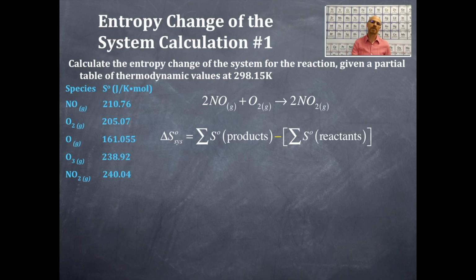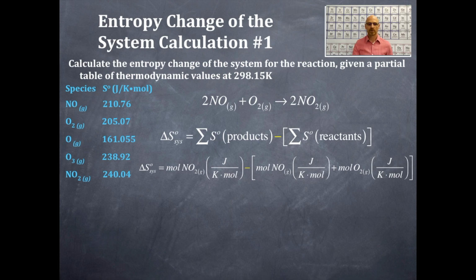We substitute this into the equation: delta S naught for the system is equal to moles of nitrogen dioxide times the units of joules per Kelvin mole. Joules in the numerator, Kelvin moles in the denominator, and we're multiplying by the moles, so we end up with joules per Kelvin. Again, very important, and very different than the kilojoules per mole units, when comparing the enthalpy and the entropy.